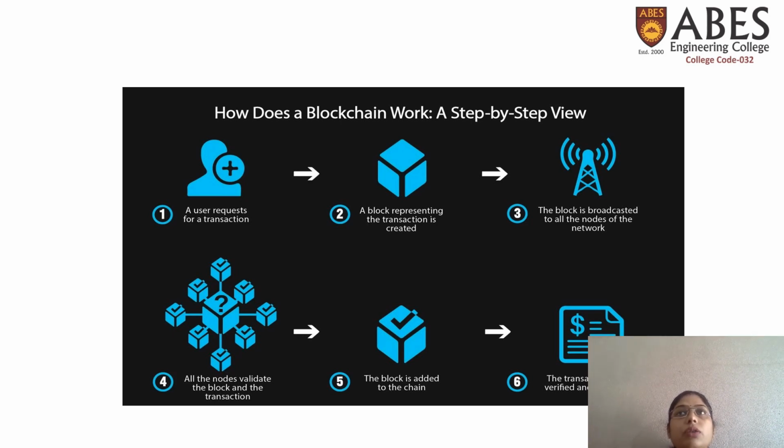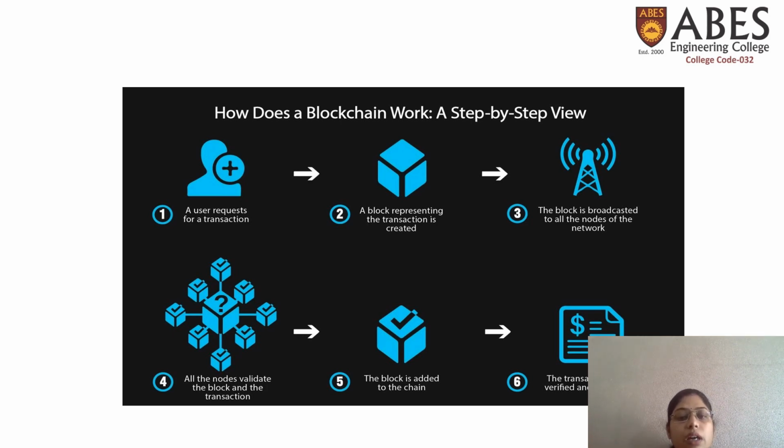All the other members who are also interested in buying a particular car and were also looking for John's car will verify that yes, we haven't purchased this car and still this car belongs to John. You can proceed with your transaction.